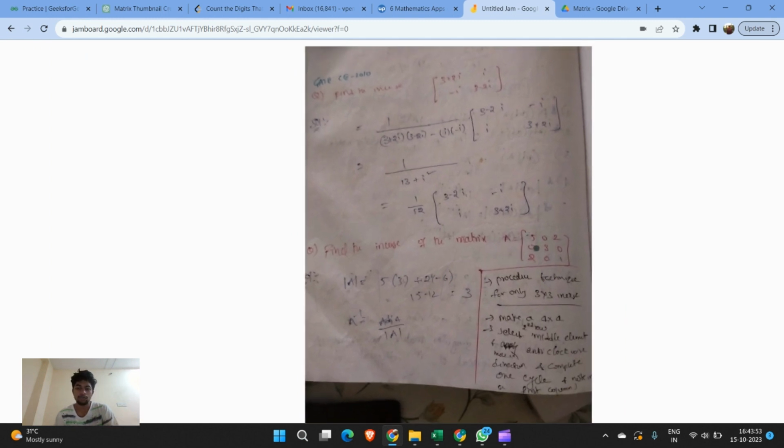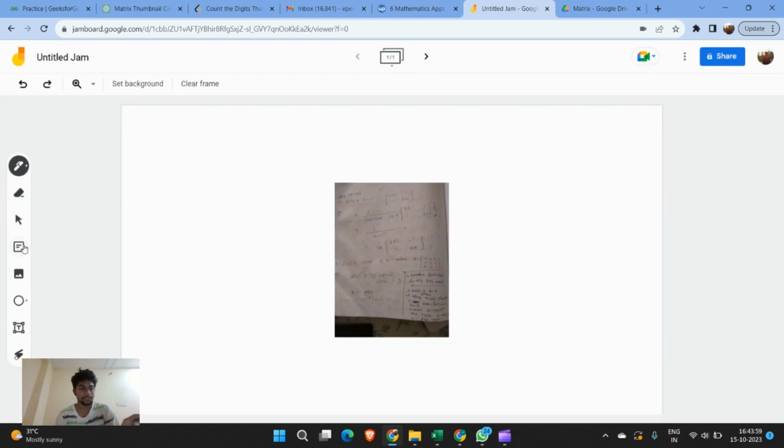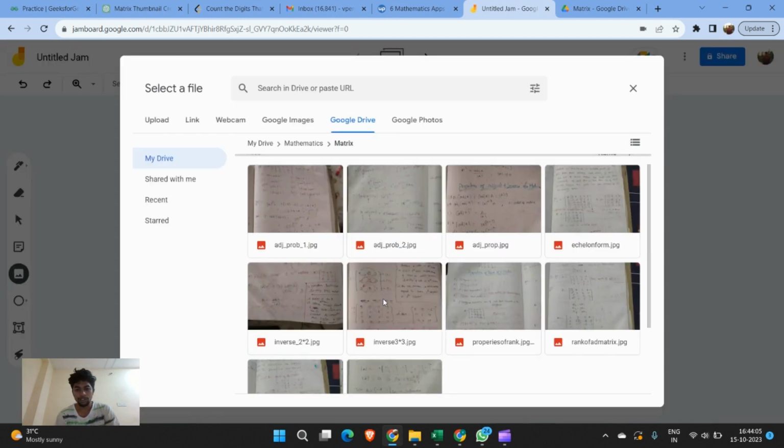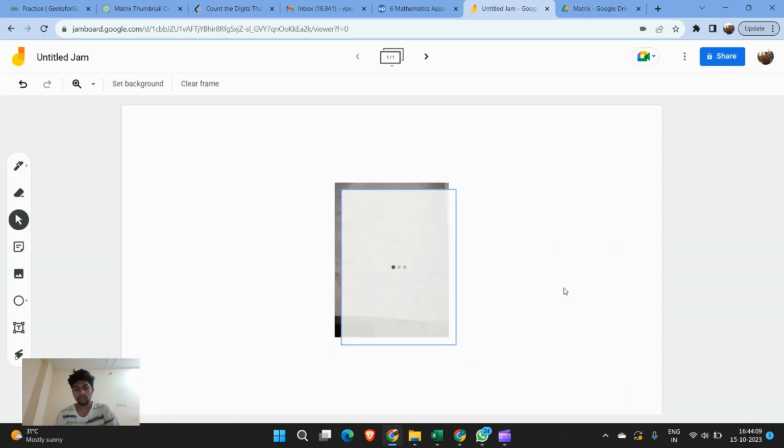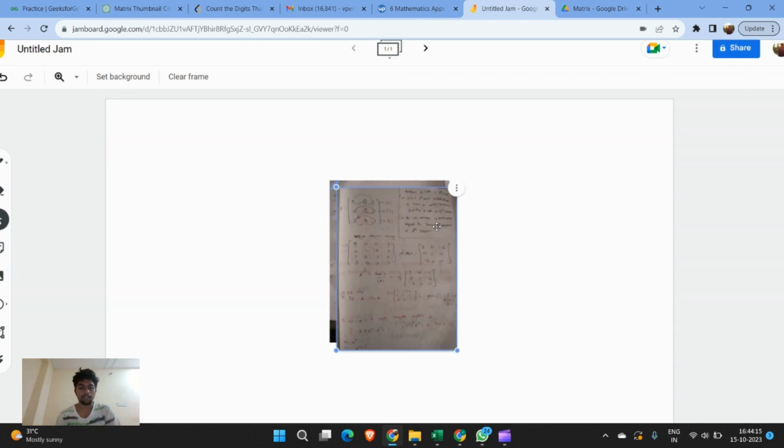They'll give you one 3 by 3 matrix and ask you to find its inverse. The steps are the same: first you have to find the determinant of that matrix, and after that the adjoint. You all know how to find the determinant of a 3 by 3 matrix.